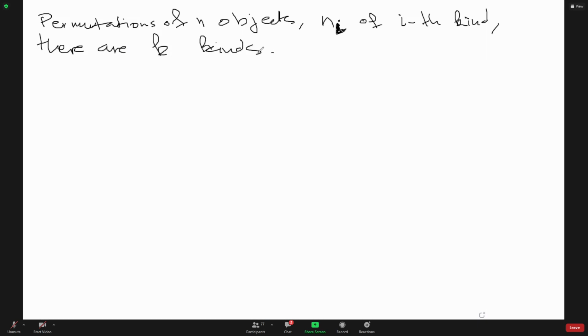So we have groups of objects, right? And you want to take the permutations such that n1 are from the first group, n2 are from the second group, etc. Okay?